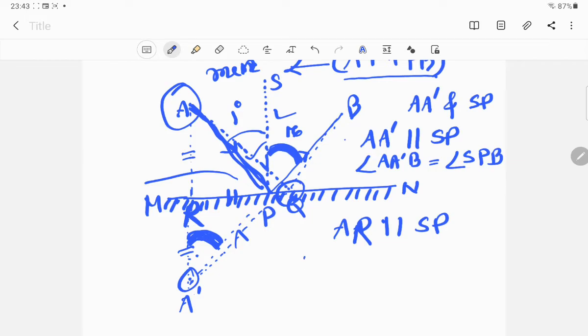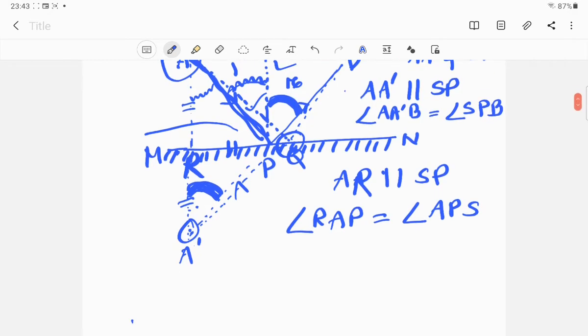So can we write angle RAP to be equal to angle APS? They are alternate angles, isn't it? So from these two things we have obtained this.